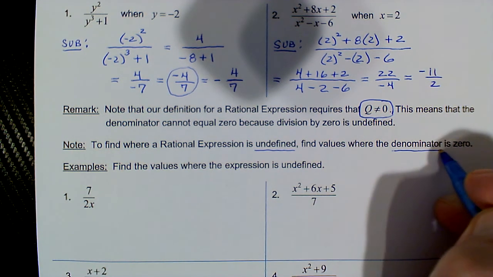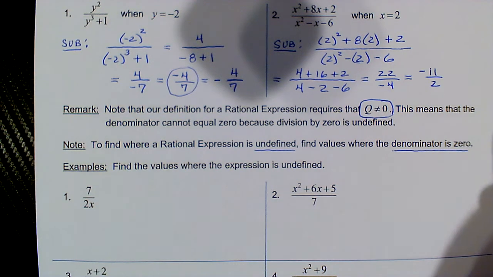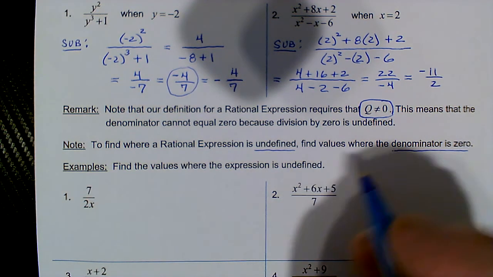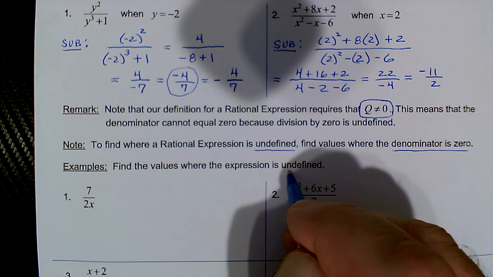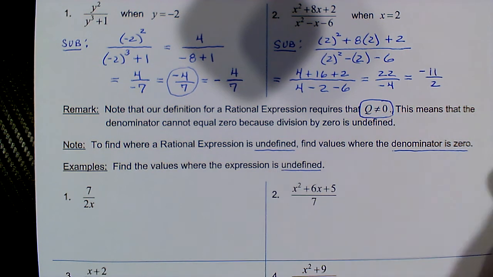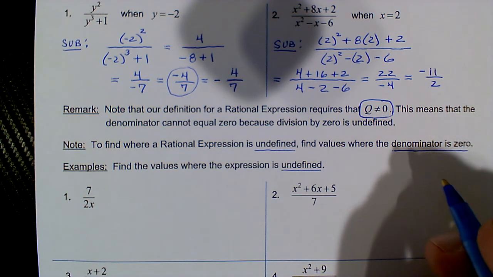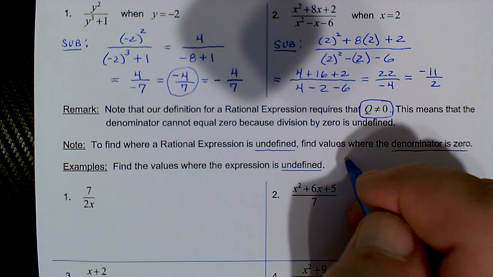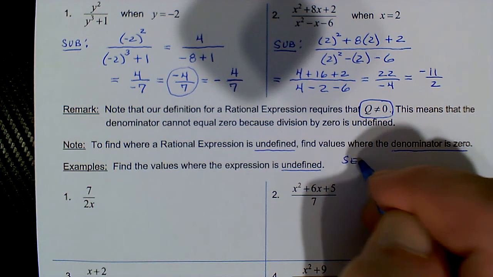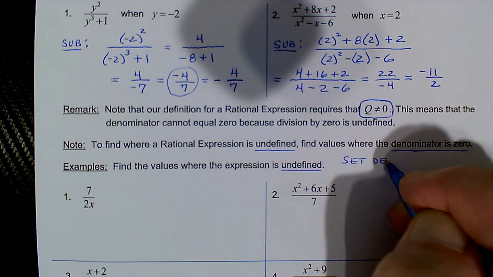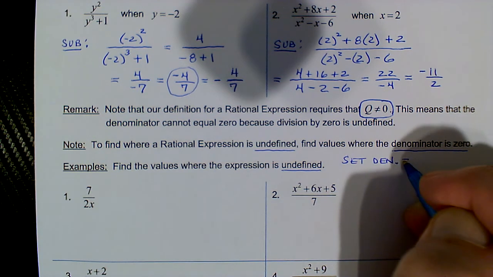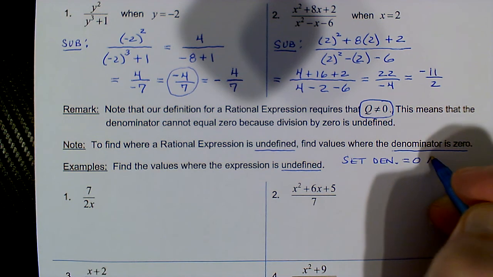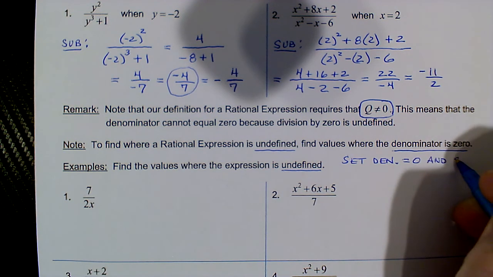So when you're asked to find the values where an expression is undefined, you just simply set the denominator to 0. So set the denominator equal to 0 and solve. And then that'll give us the values where x is undefined.